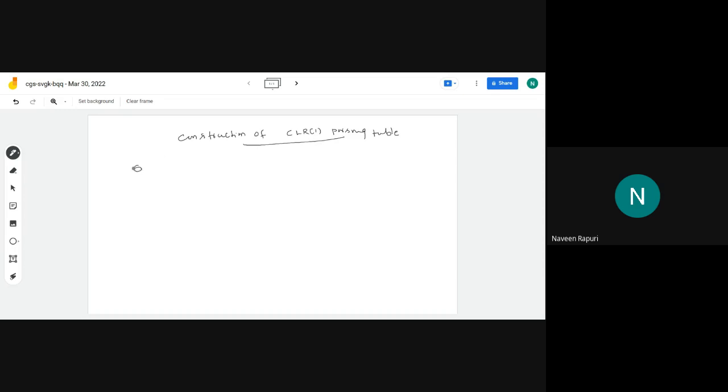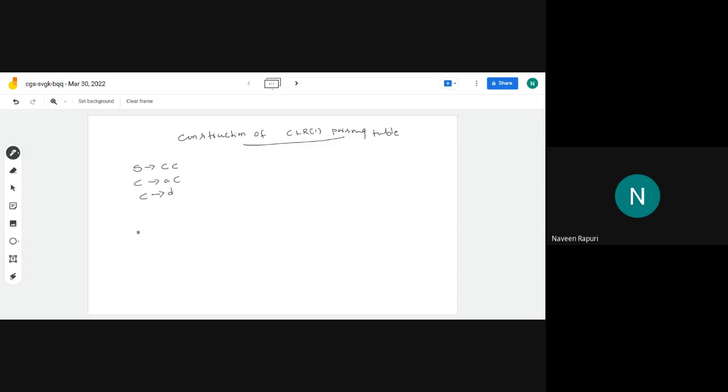Suppose we take one grammar: S derives CC, and C derives aC, and C derives d. So this is the grammar.